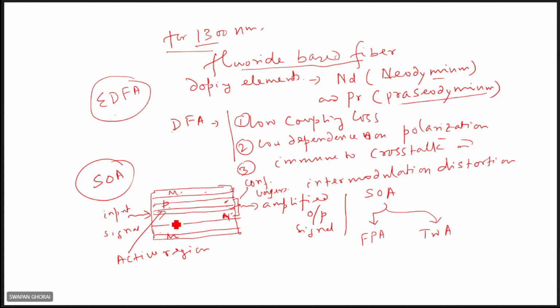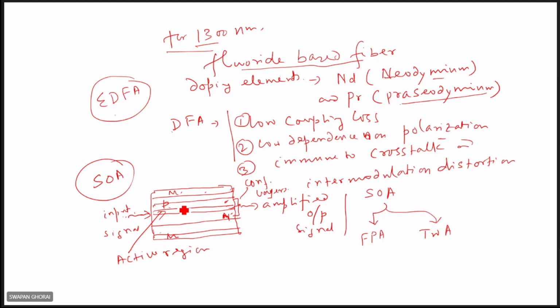In the active region, the input signal comes from this side, and through the stimulation process, the input signal will be amplified. As I just mentioned, in semiconductors, because of the current, electrons will be excited to the upper level, the conduction band.